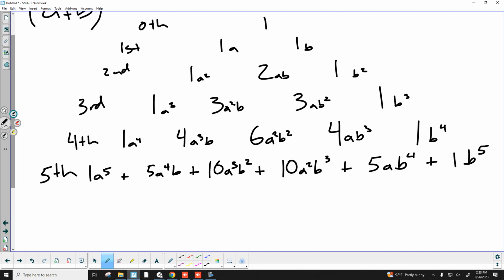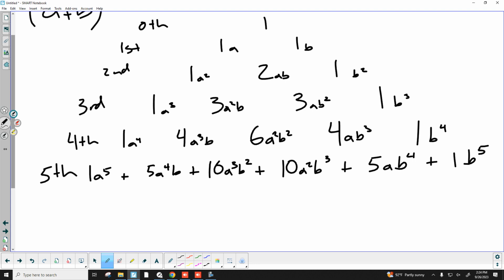So 1 plus 1 is 2. 1 plus 0, 1. 2 plus 1, 3. 1 plus 2, 3. Seeing it? 3 plus 3 is 6. I fill out all the other numbers, so now I'm in my fifth row. 1 plus 0 is 1. 1 plus 4 is 5. 4 plus 6 is 10. 6 plus 4 is 10. 4 plus 1 is 5. 1 plus 0 is 1.